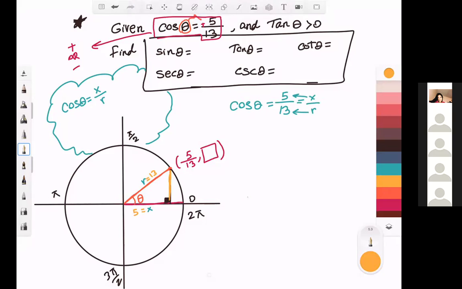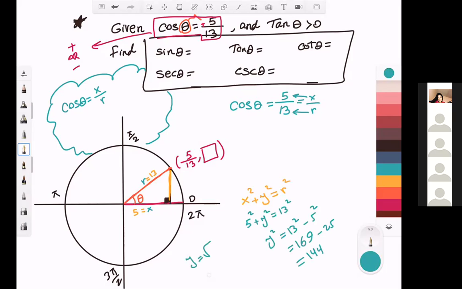We have x squared plus y squared equal to r squared. We have 5 squared plus y squared equal to 13 squared. y squared equals 13 squared minus 5 squared, 169 minus 25, 144. Then y will be radical 144, which is 12. Okay, so this is 12.